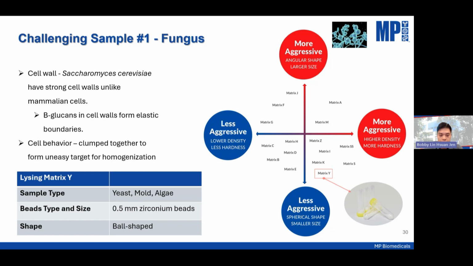Its component includes the 0.5 millimeter zirconium beads, which is an all-around and good bead for the fungus family. And lastly, the shape itself is a ball shape, not an angular shaped bead, which tends to be better for plant cells and fungus cells.